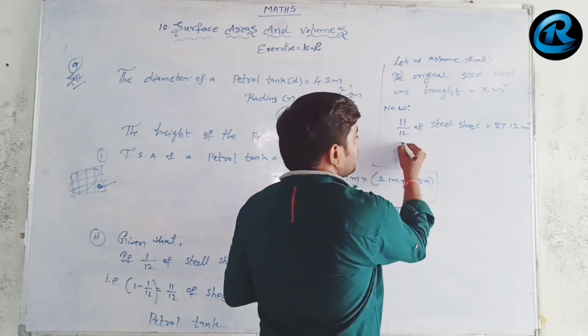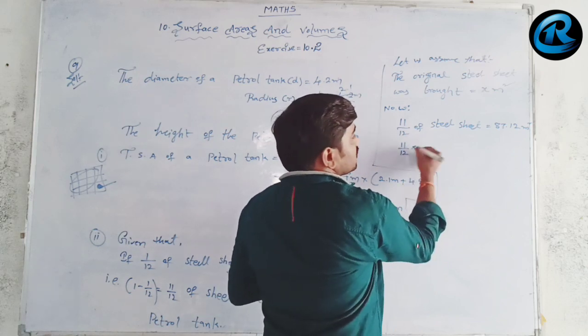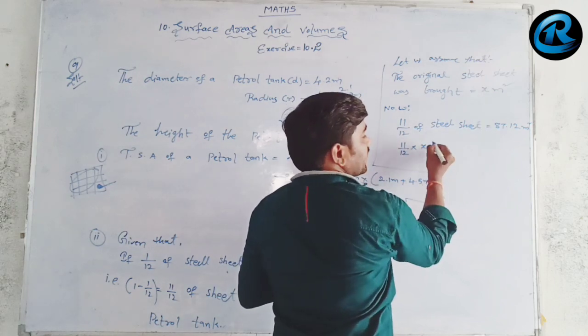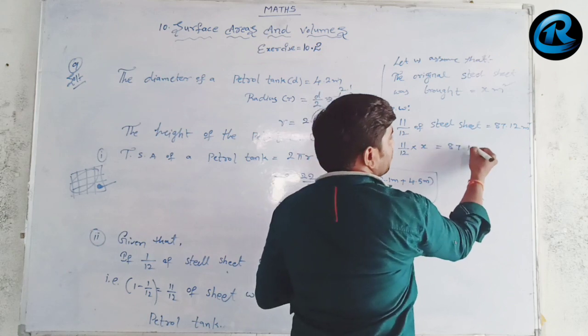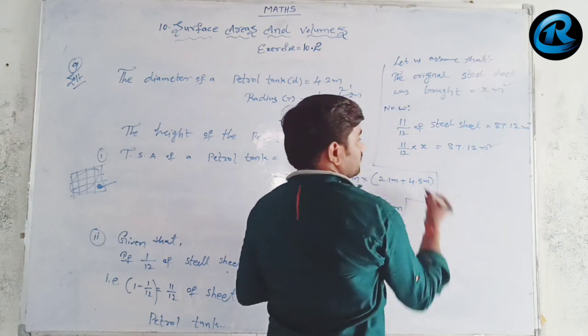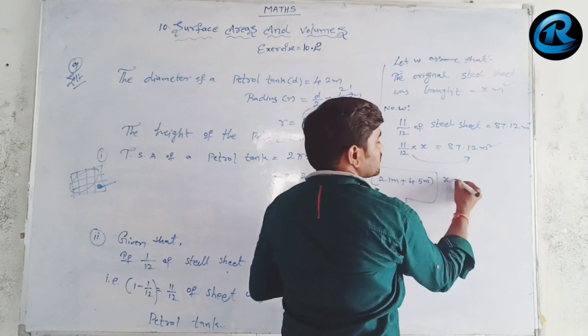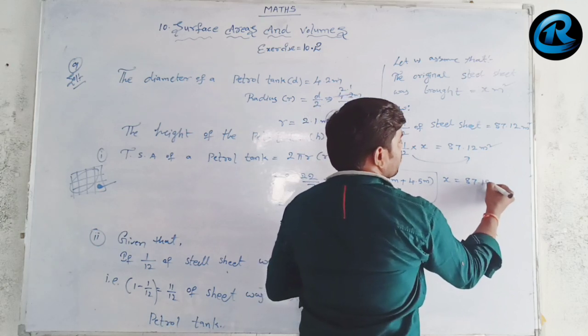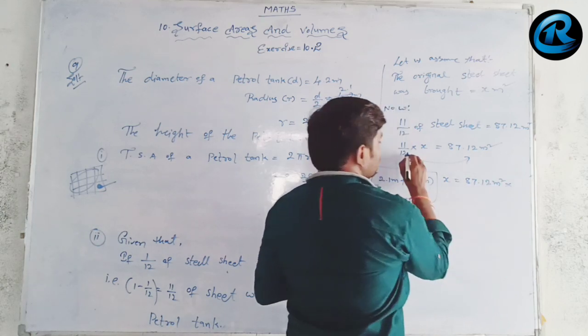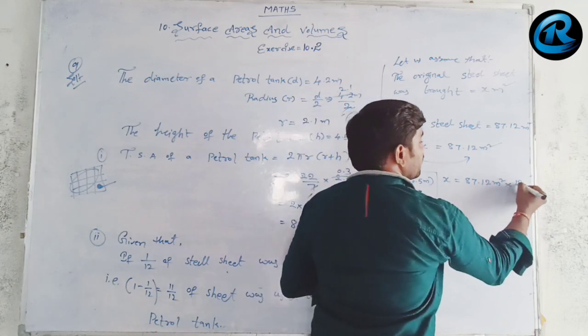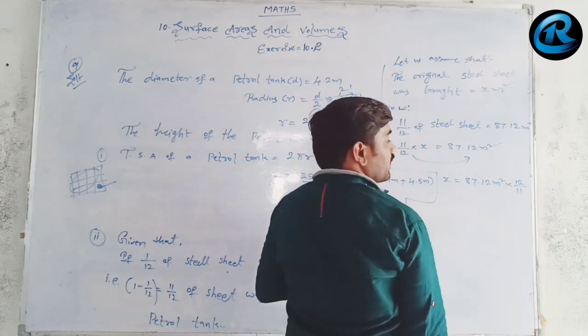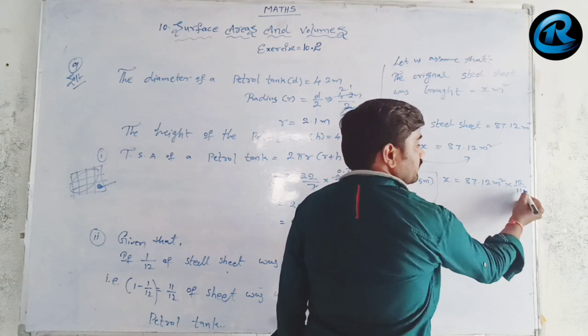So here 11/12 of the steel sheet brought, which is x actually, is equal to 87.12 meter square. Now this will transfer here, so x equals 87.12 meter square into 12 by 11, as 11 by 12 becomes 12 by 11. And let us cancel this.